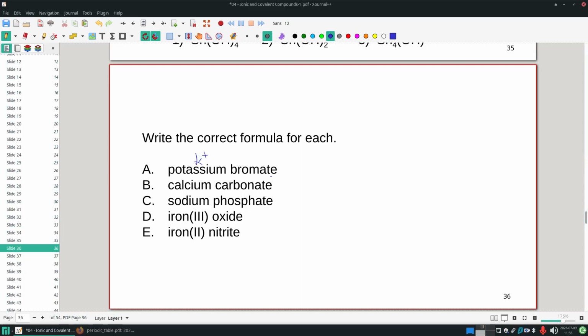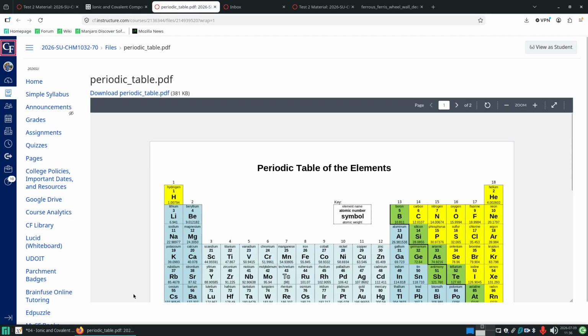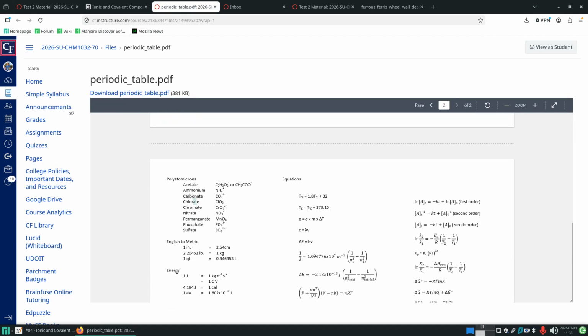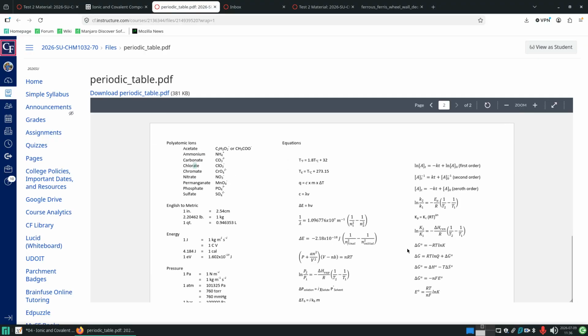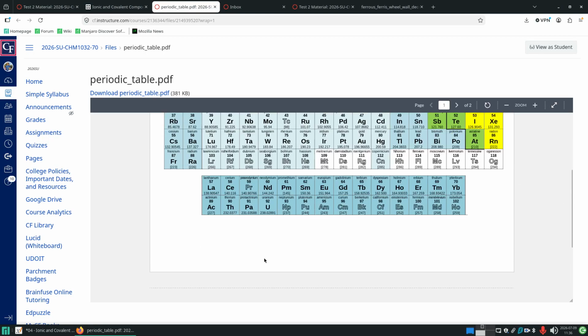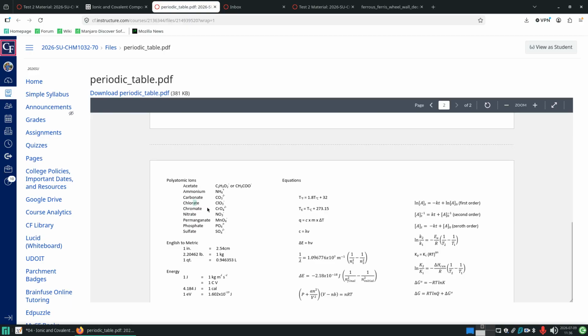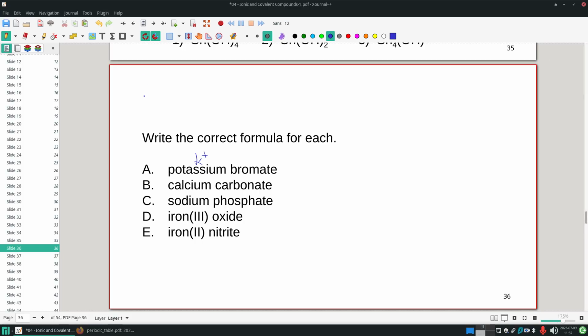I have a bromate. This is one that's not on the polyatomic table, but bromine is in the same family as chlorine. And I know it has chlorate. And this one asked about bromate, so I know it's going to be a similar structure with just the chlorine changed to a bromine. The charge will be the same. So potassium bromate is going to be KBrO3.